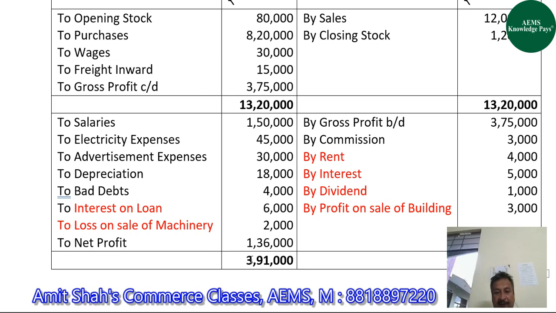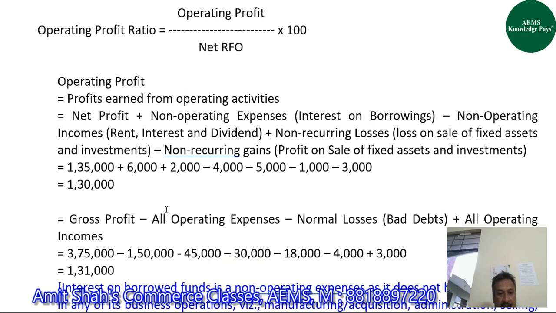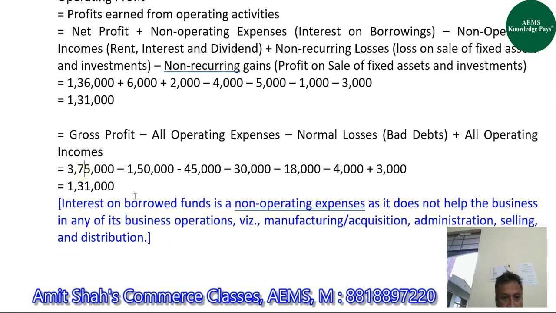So net profit is 136. 142, 144, 140, 135, 135, 131. Gross profit was 375 only. Yes, now it is correct. Right?